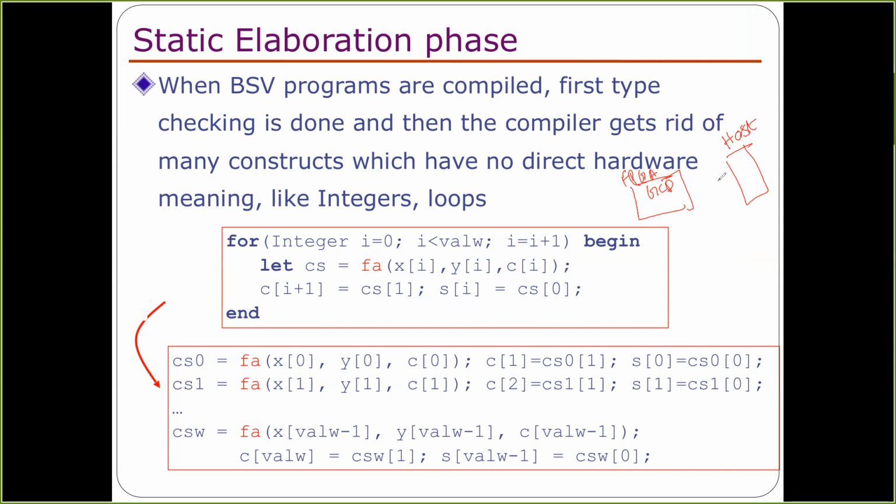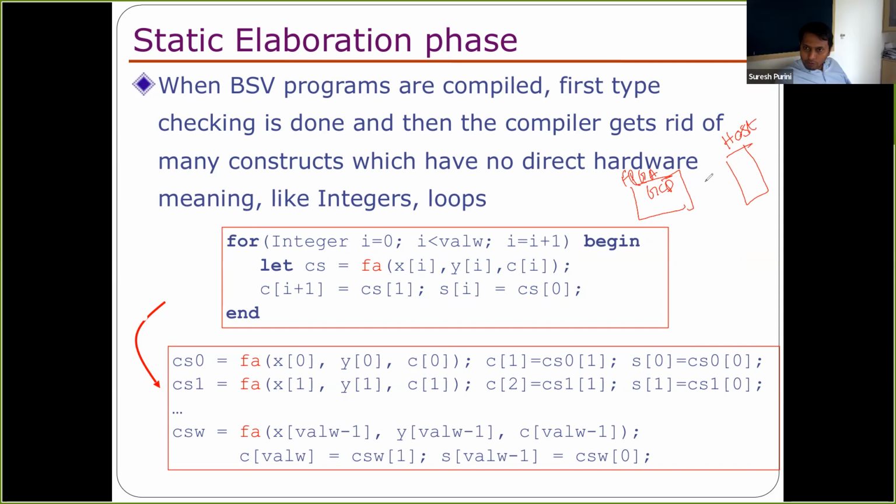So there are two possibilities. One way of doing it is you send that A and B over PCI Express to the FPGA, or the other way is you send it to the FPGA memory. This is the host DRAM, and this is your FPGA DRAM.